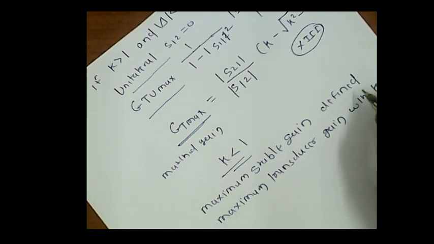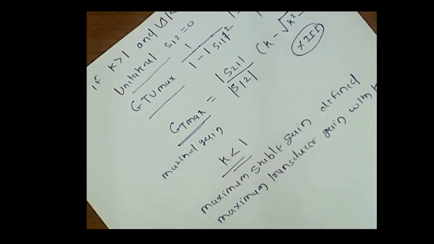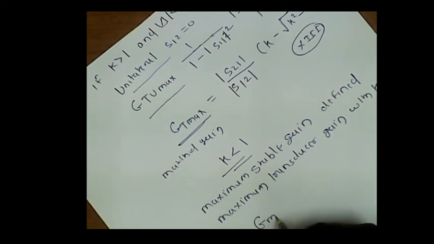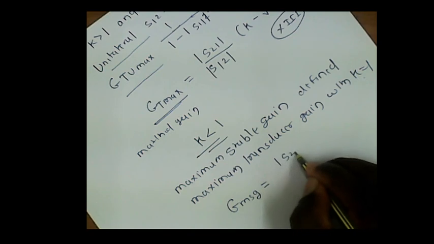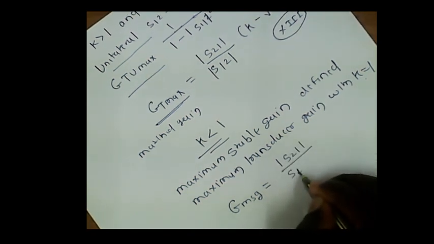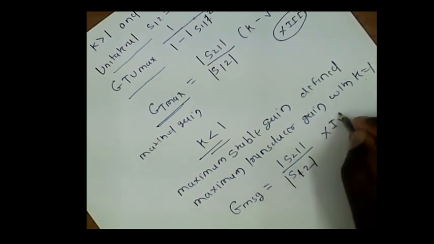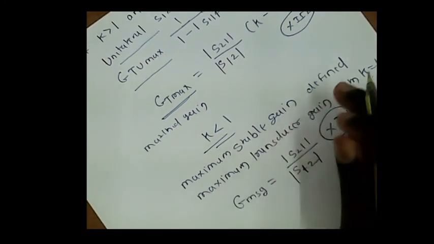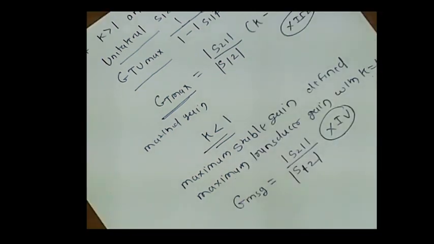When we put K equal to 1 in the equation, we get the maximum stable gain, GMSG, in terms of S parameters, equal to S21 divided by S12. So this is equation number 14, which gives the maximum stable gain, defined as the maximum transducer gain with K equal to 1.